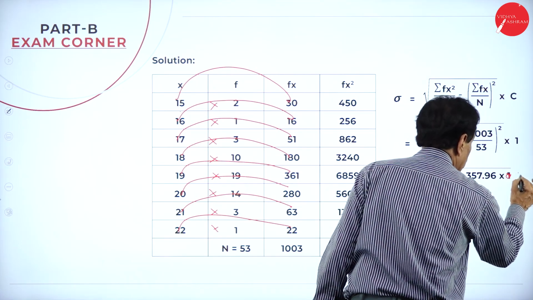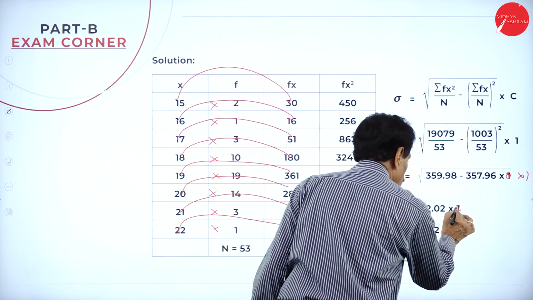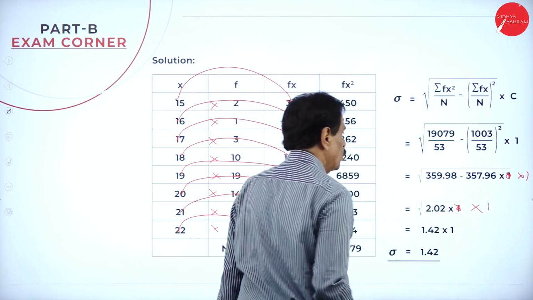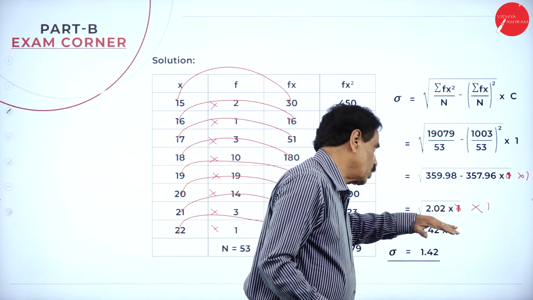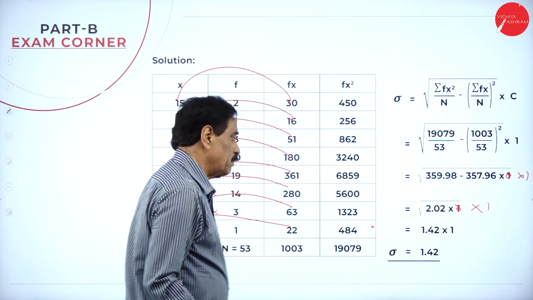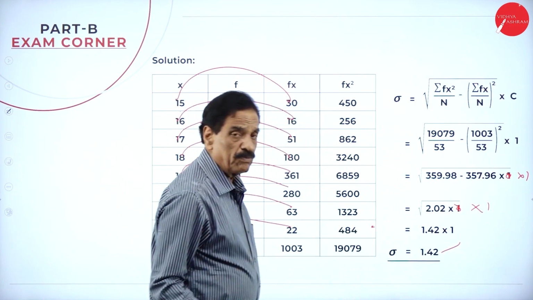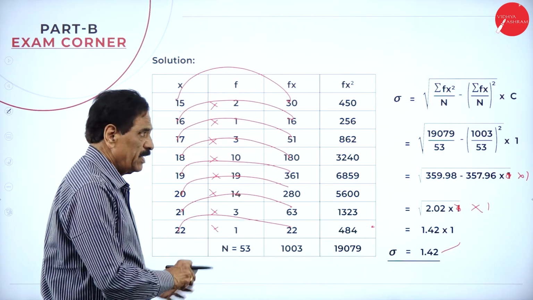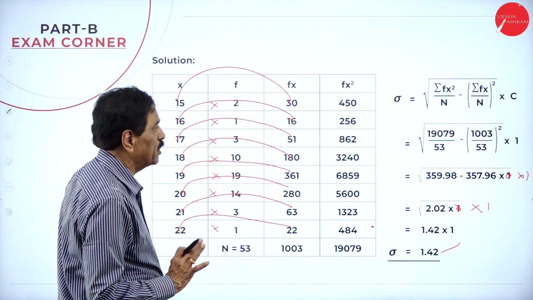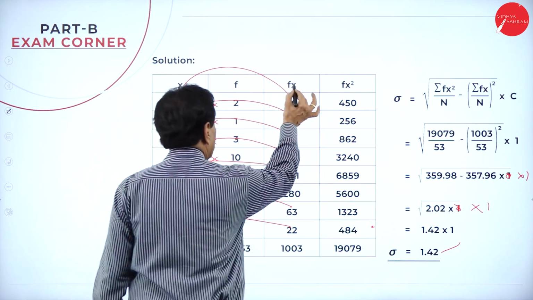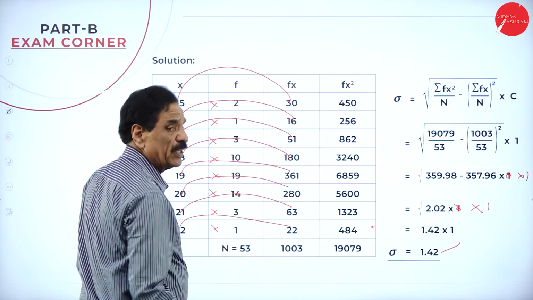So 1 is outside the root; here also 1 is outside the root. Deducting gives 2.02. Root of this is 1.42 into 1. Your standard deviation is 1.42. Simplify very carefully and go slowly. Fx square means fx into x. Carefully you have to do it.